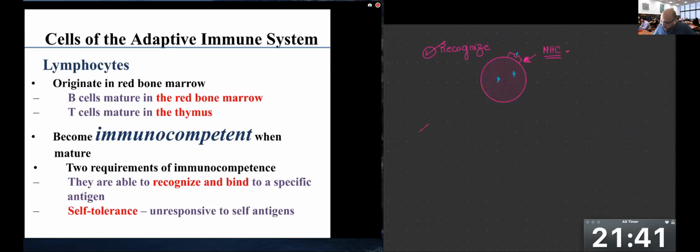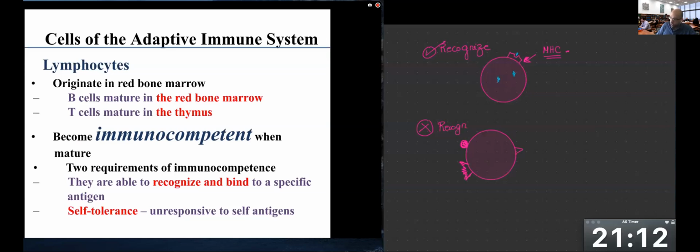But I don't need to recognize any other antigen presented on my cells. I need to not recognize any other self antigen. If you did recognize those other self antigens, what's going to happen?